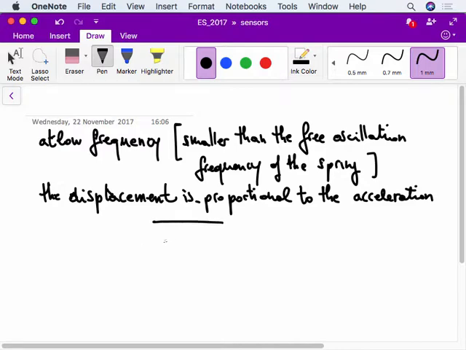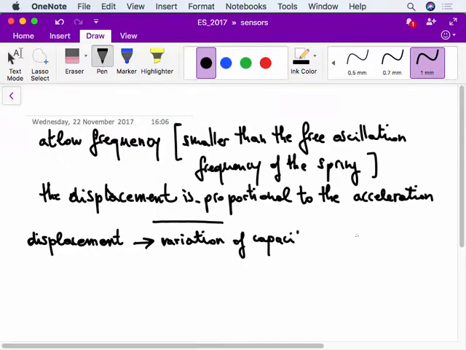Now we can do the rest, which is transforming the displacement into a variation of capacitance. If we do that, we have a capacitive accelerometer, which is the most common situation.